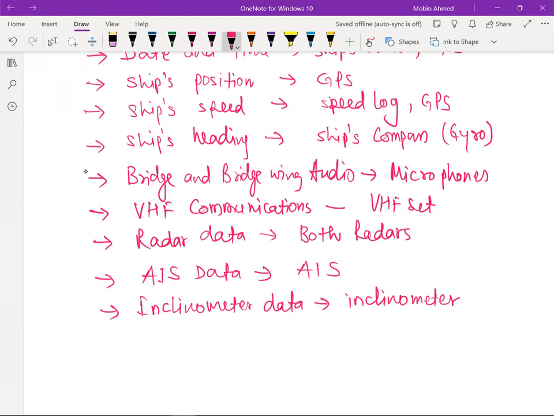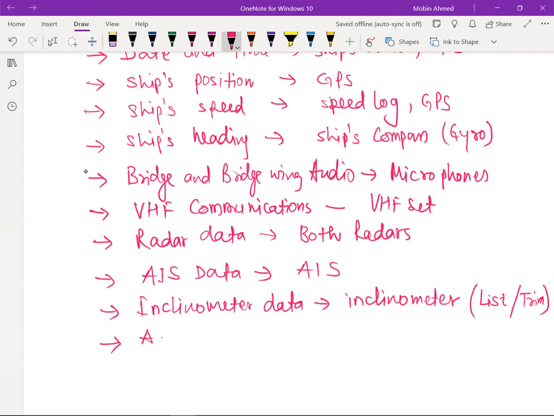Anyone? Inclinometer? This provides the list and trim. So how much it is listing due to the roll, pitch, whatever it is, the list and trim that it is going to tell about.